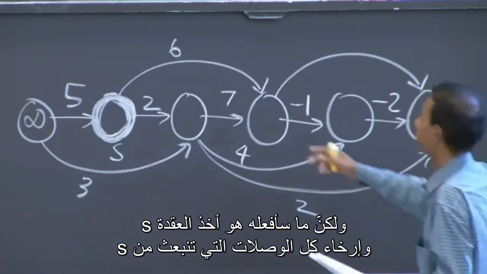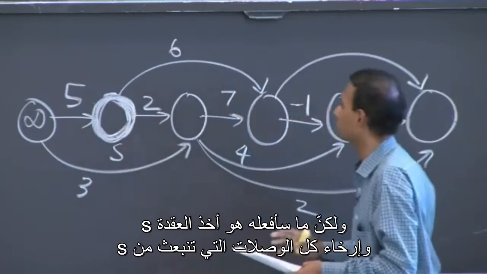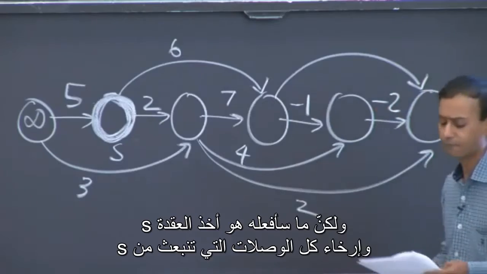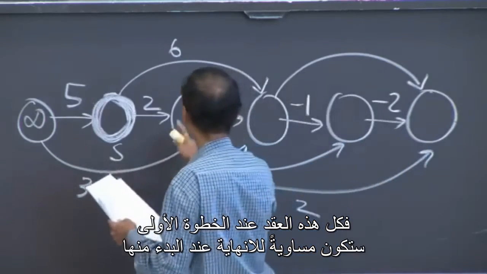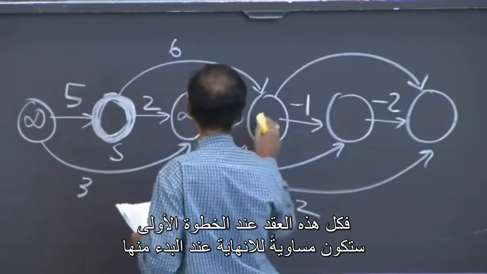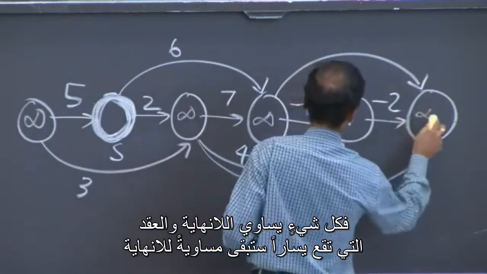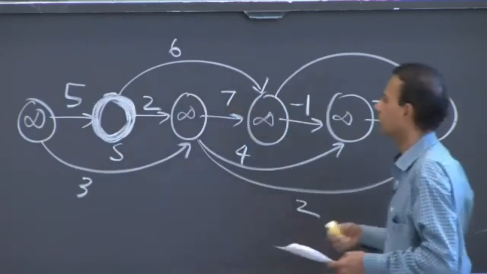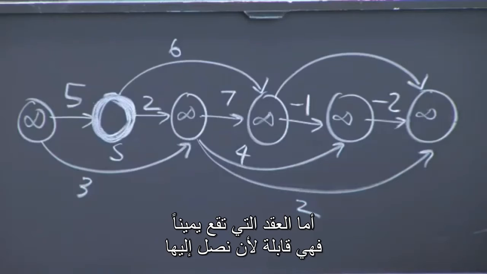But what I'll do is take S, and I'm going to relax edges that emanate from S, and so in step 1, all of these are going to be infinity to start with. So everything is infinity. The ones to the left stay infinity. The ones to the right are going to be reachable.